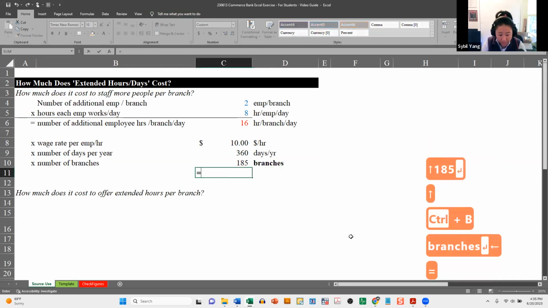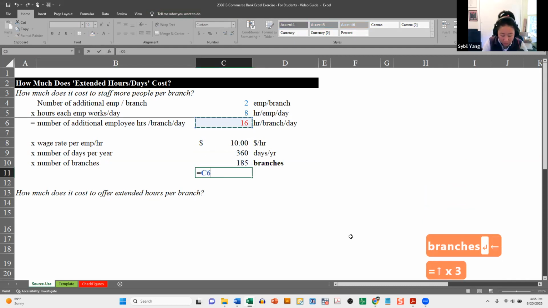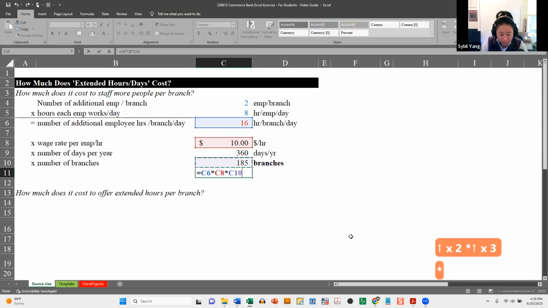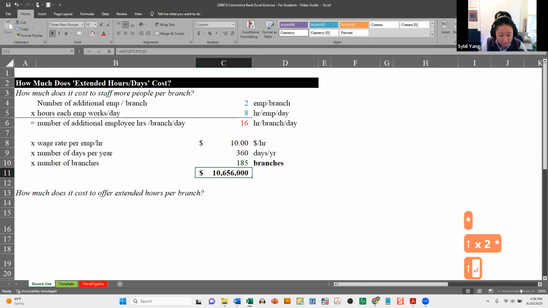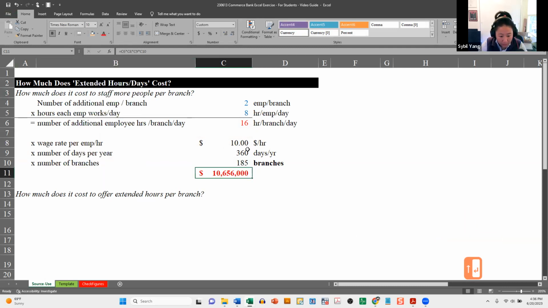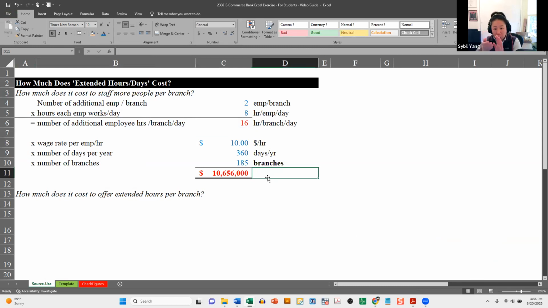So this is 16 additional hours per branch, each hour costs $10, for 360 days a year per branch at 180 branches. This is a double underline and it's red. These are blue because they're assumptions. If I cross out the appropriate units, this is dollars per year.